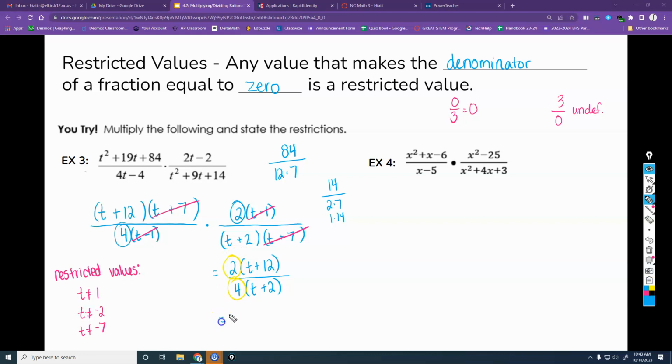So you would have 1/2. So you got 1 times t plus 12 over 2 times t plus 2. Probably they won't write that 1. It'll probably look like this: t plus 12 over 2 times t plus 2. There. So this is probably how it'll look.